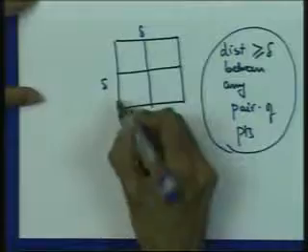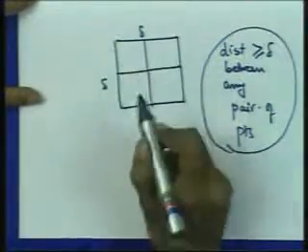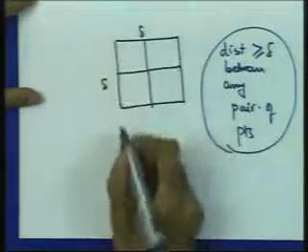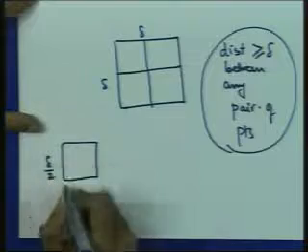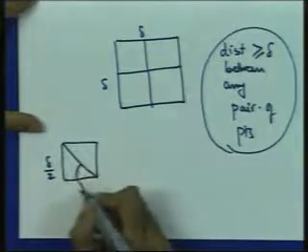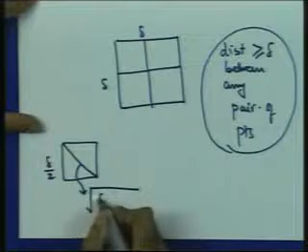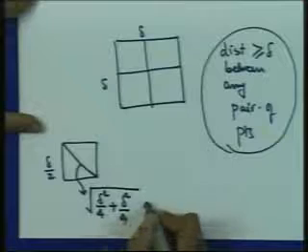Well, what is the maximum distance inside the small square? Well, this small square has side length delta by 2. The maximum distance is along the diagonal, which is square root of delta squared by 4 plus delta squared by 4.